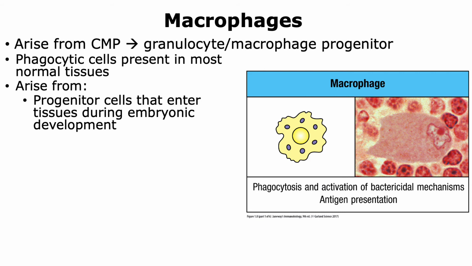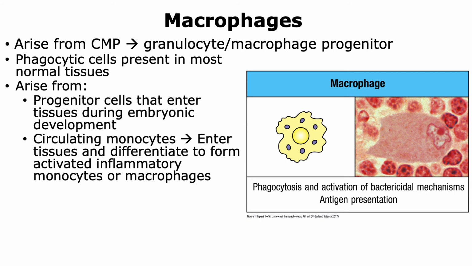Another way by which macrophages can be formed is from circulating monocytes. So when circulating monocytes enter tissues due to signals of an infection, they can differentiate in the tissues to form activated inflammatory monocytes or macrophages. So this way we have two ways of forming macrophages.